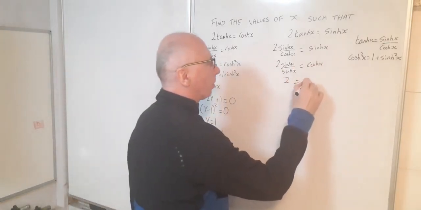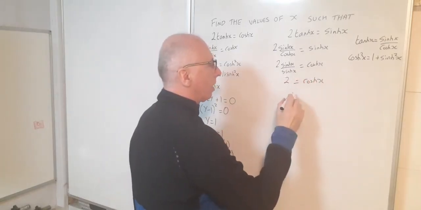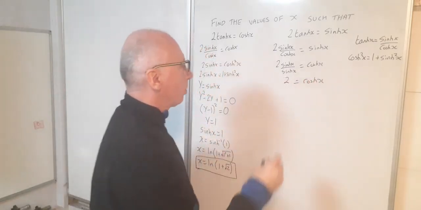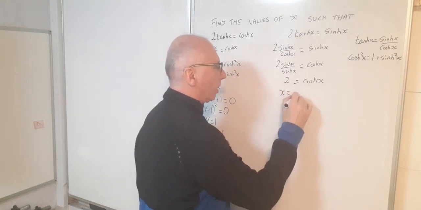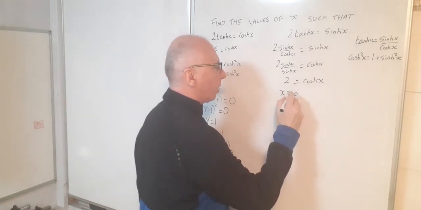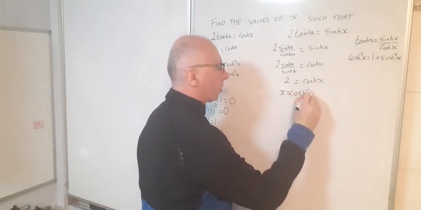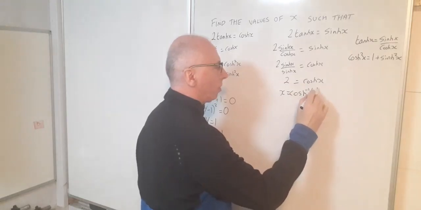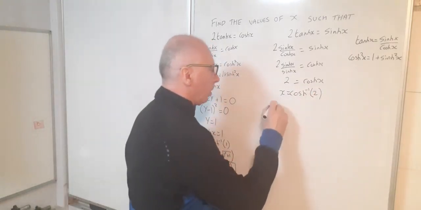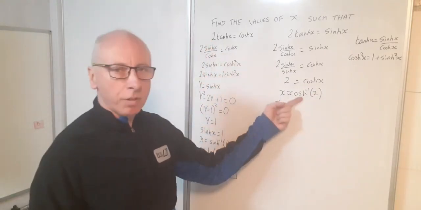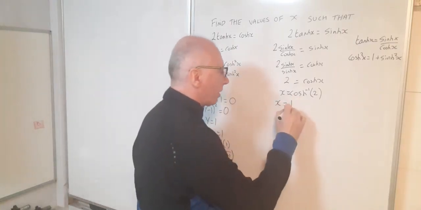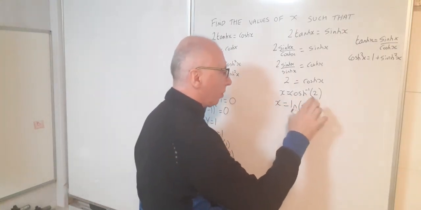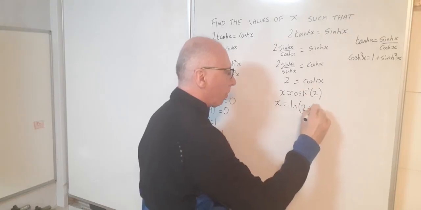So 2 equals cosh of x, in which case x equals the arc cosh. So if I do cosh to the minus 1 of 2, then using the logarithm form for cosh, x equals the natural log of 2 using that input plus the square root.